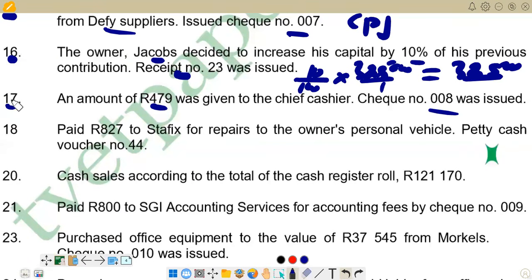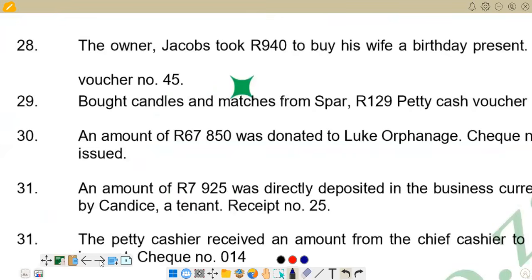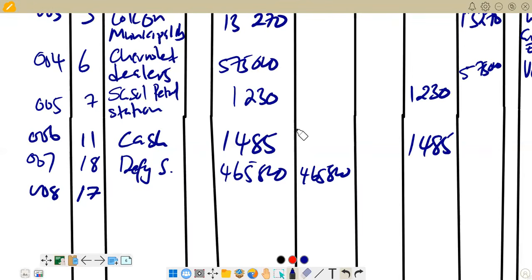On the payee, we write cash since it's going to be paid in cash. Then the amount that we have is 479. We are saying it's under petty cash, and the column for petty cash is this one.